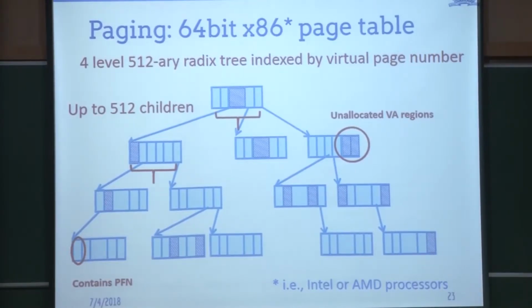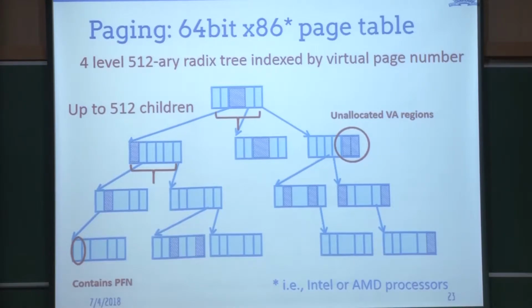So the unallocated pattern regions don't have a page table number. No, because it's not allocated, so there is no question of having it in physical memory. The application never asked for allocating it in the virtual address space to start with. The tree is maintained by the OS. Yes, the mapping is maintained by the operating system.